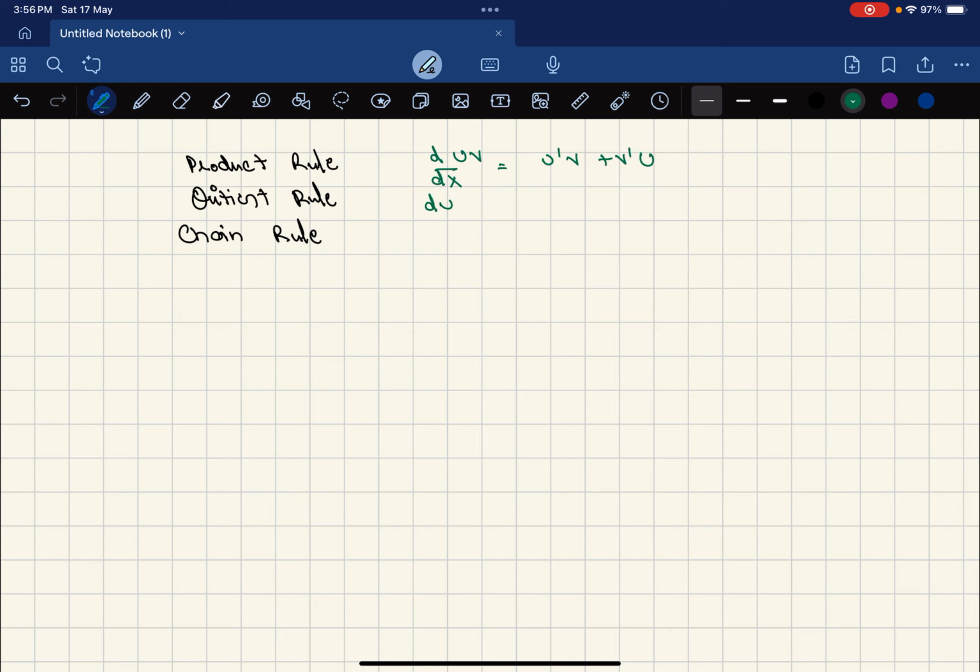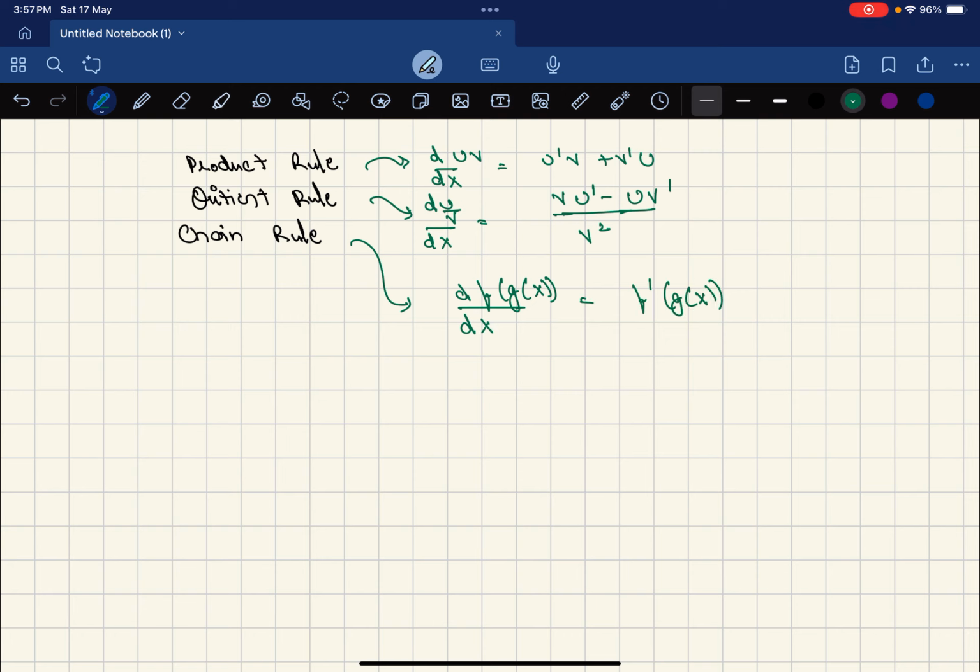The derivative of u upon v with respect to x, so this is the quotient rule, was: we put v square, write v as it is, u'v minus uv'. And then d of f(g(x)) with respect to x is f'(g(x)) times g'(x).